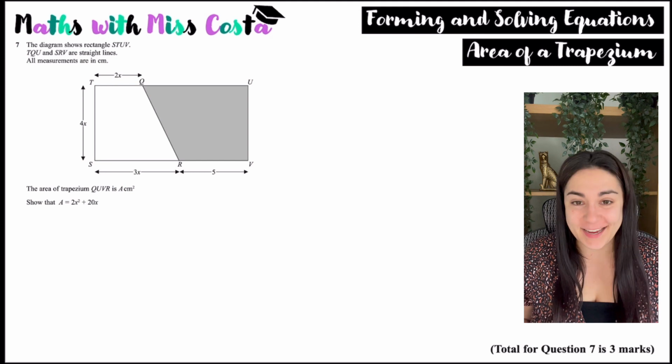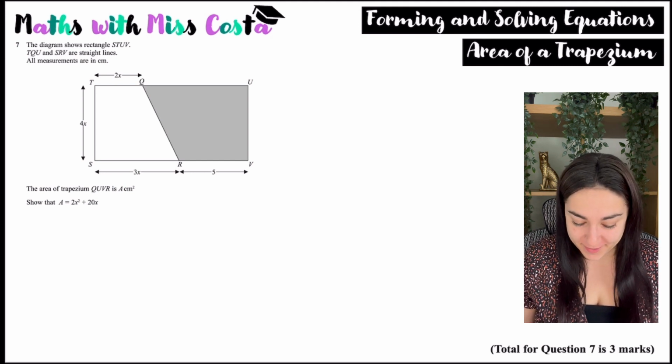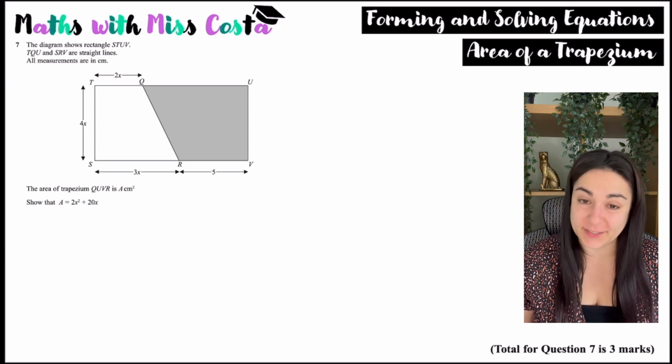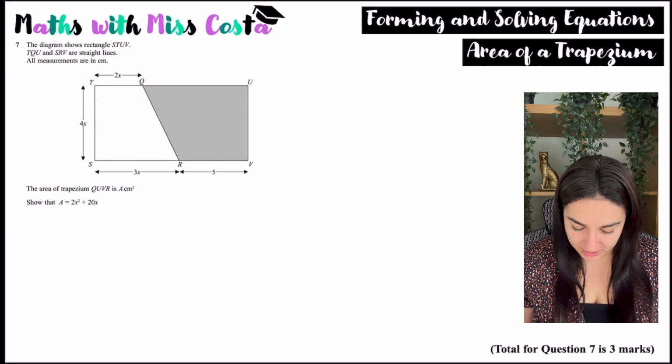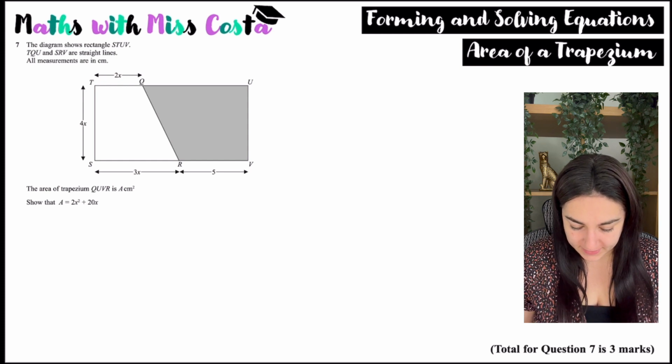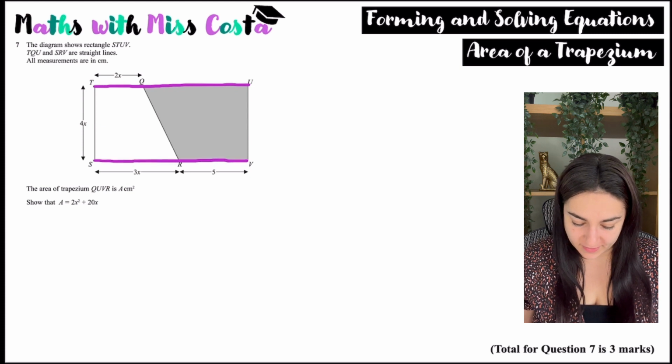Okay, so in here I'm given a slightly complicated looking diagram. I'm told the diagram shows a rectangle STUV. So it's a rectangle, so I know that opposite sides are going to be equal. TQU and SRV are straight lines.